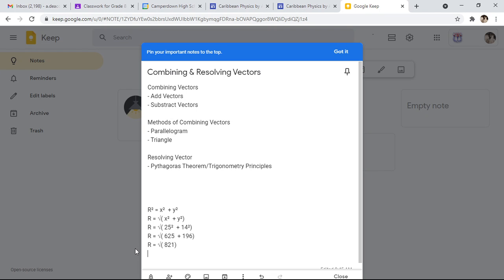So r equals the square root of 821. I get 28.65.